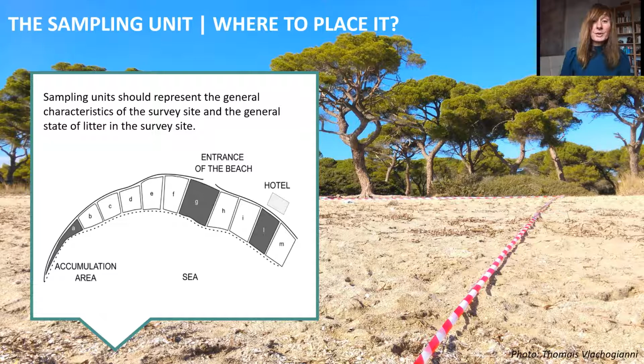Also, the entrance of the beach, which oftentimes serves as a parking lot, should be excluded because a lot of litter items are encountered there, as well as the area in front of, for example, hotels. And then the coastline is separated into 100-meter sections, and the sampling unit is randomly selected among one of these potential sections.